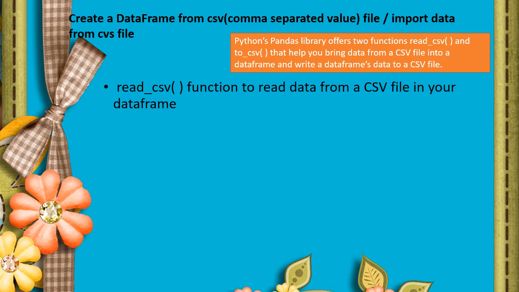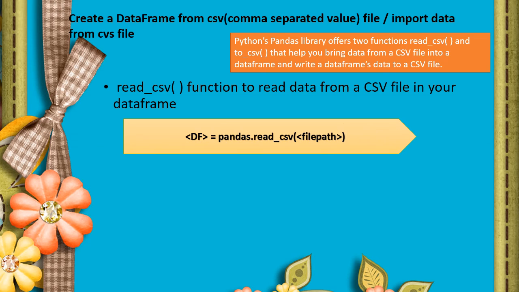Here we are going to see only the read_csv function. So we are going to import the CSV file data into a data frame object by using the syntax data frame object equal to pandas.read_csv, file path, that is where the CSV file is located. We should give the complete path.